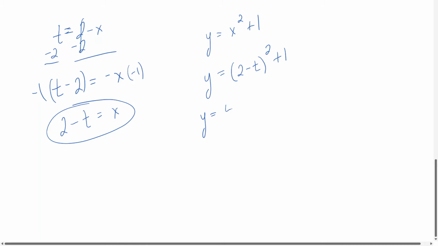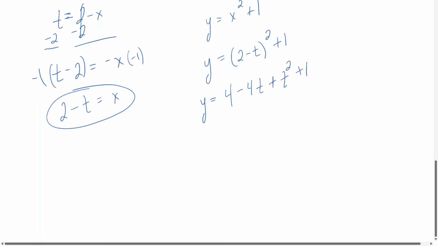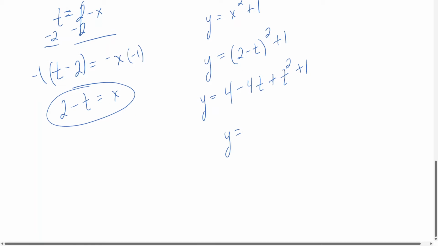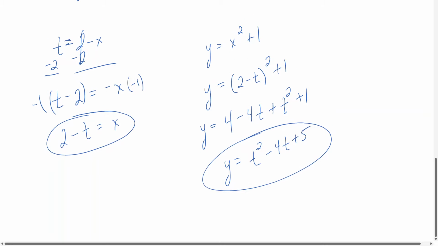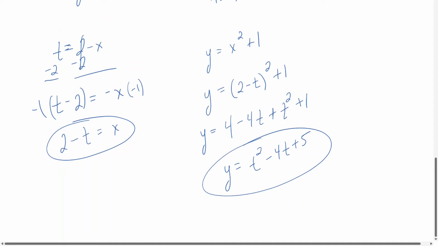This will be 4 minus 2t minus 2t plus t squared plus 1, which is t squared minus 4t plus 5. Okay, and those are our two parametric equations there.